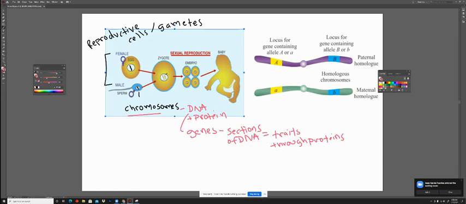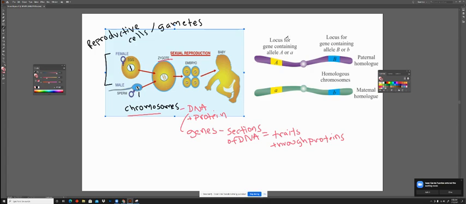And what happens is that half of the needed chromosomes are given by the mom, and half of the needed chromosomes are given by the dad. And they join together and they have a complete set, and this zygote, this single cell, will divide many times and eventually will turn into a baby.